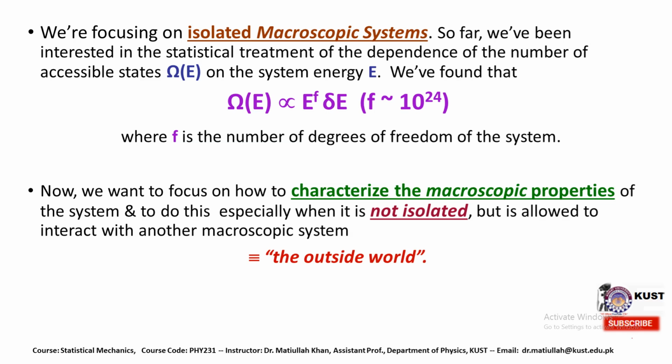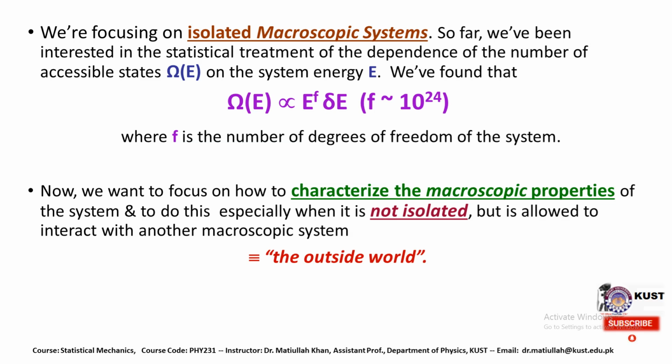So in today's lecture we are basically interested in the system when it is interacting with the surrounding, whether it is exchanging energy, particles, or mass, or maybe both. So definitely when a system is interacting with surrounding, the energy level of that system changes.